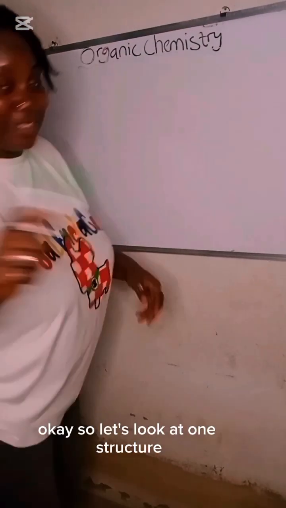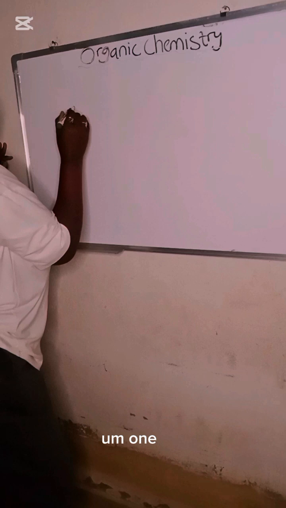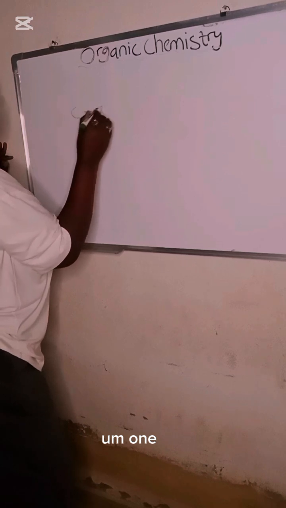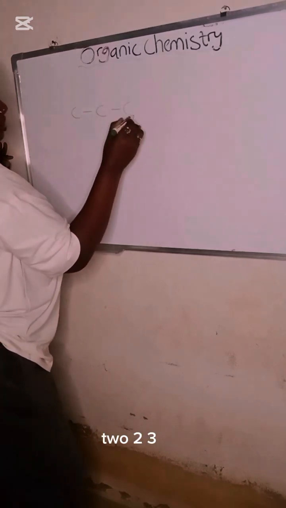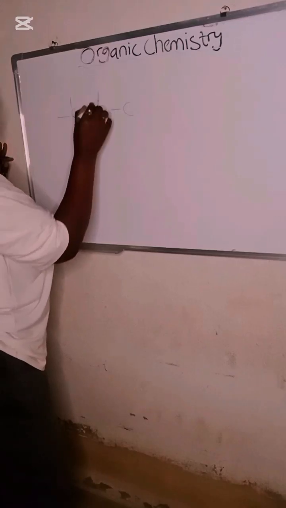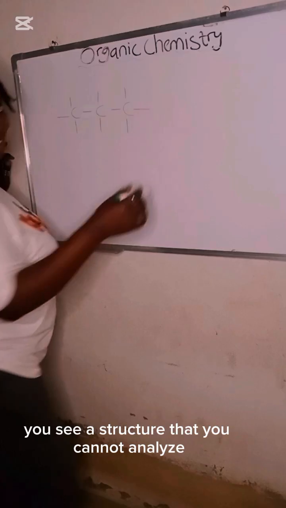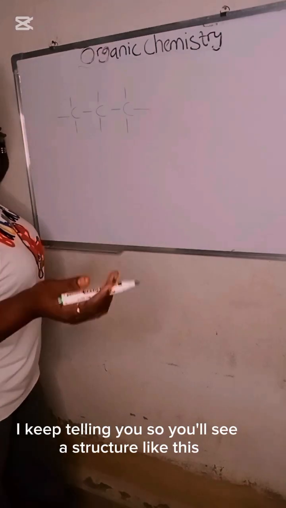Okay, so let's look at one structure. If you see a structure like this, 1, 2, 3. When you know all these things, there's no way you see a structure that you cannot analyze. I keep telling you.